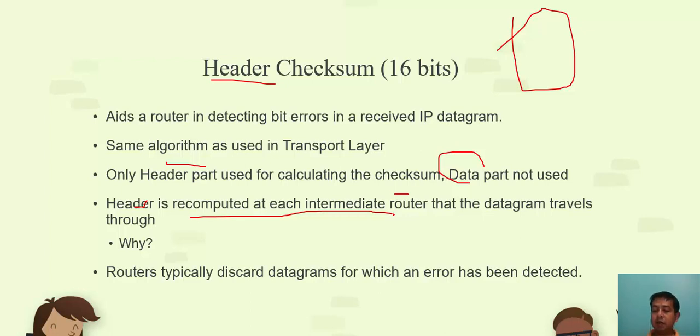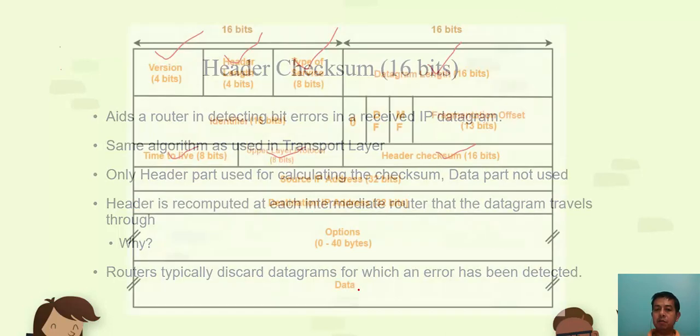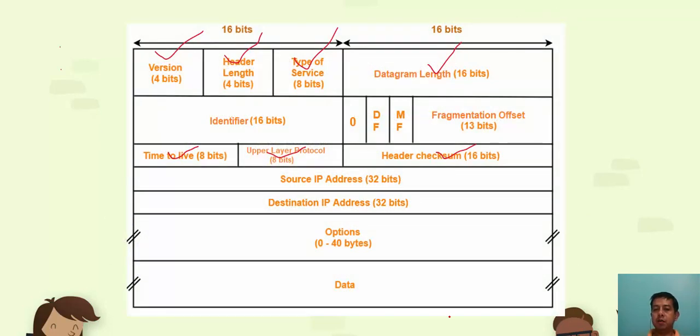Because the TTL field changes, the checksum has to be recomputed and reinserted at every intermediate router. Clear? Now remember, whenever a router sees that there is something wrong in the checksum, it will discard that particular datagram. Clear? So this is the header checksum.